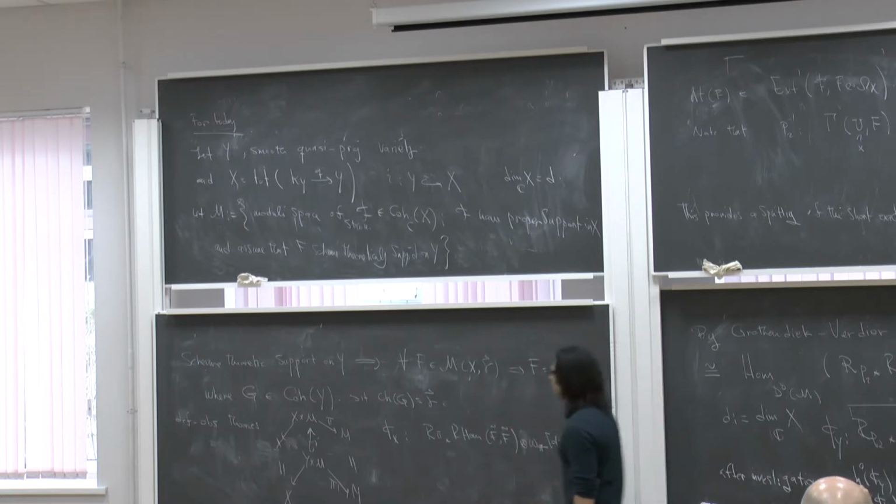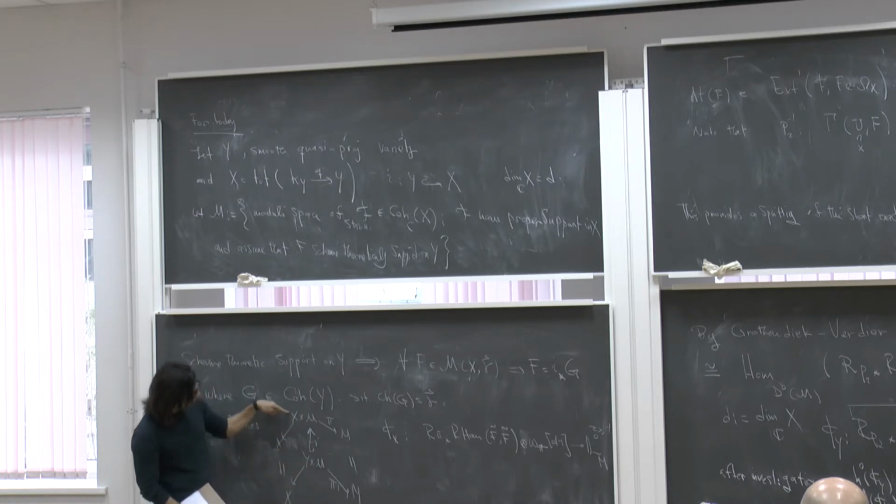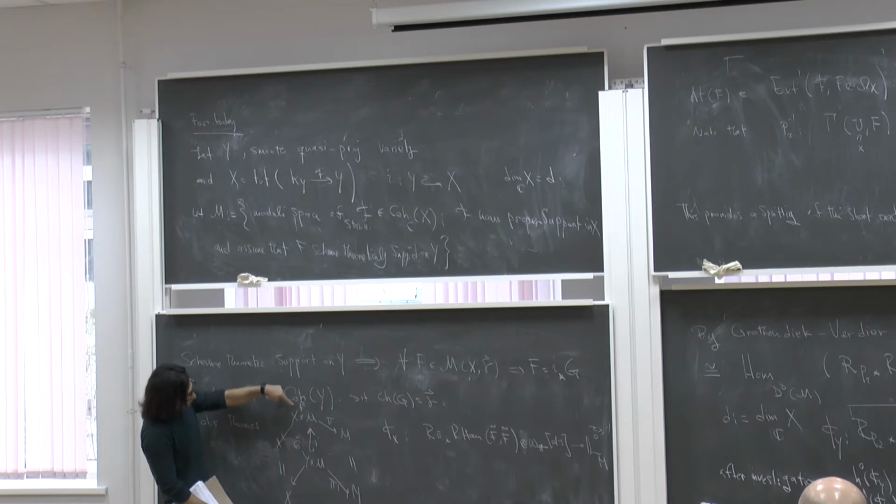One of them is this one, and the other one I can get by just doing the same thing, because any sheaf I pick in here is literally given by the push forward of something coming from here. So in particular, the universal sheaf itself can be the push forward of a universal sheaf on Y times M.